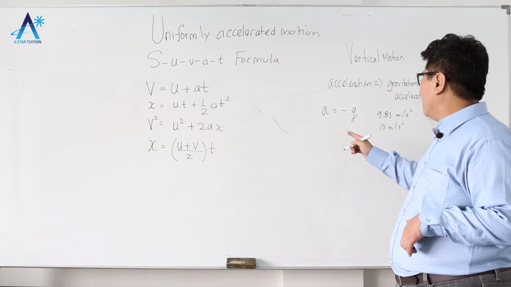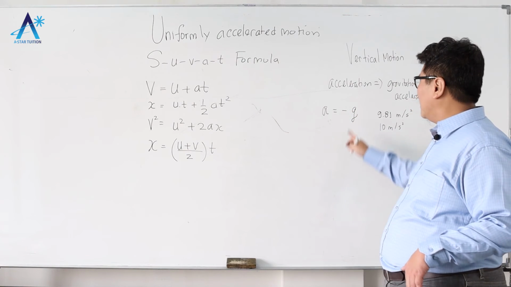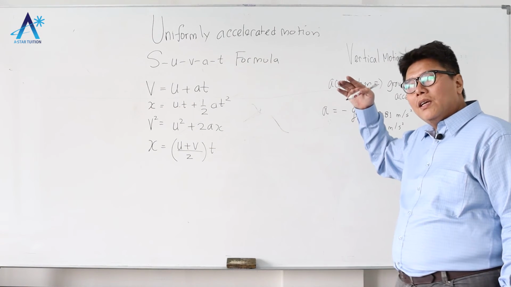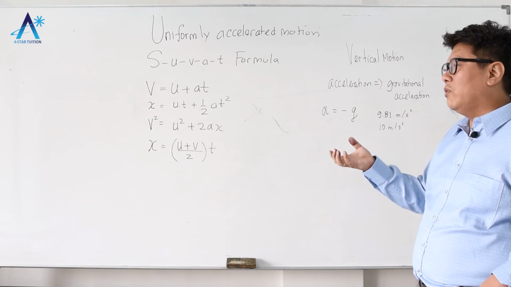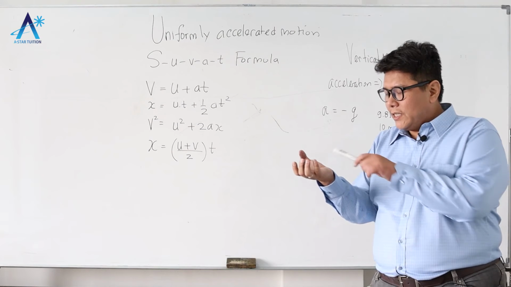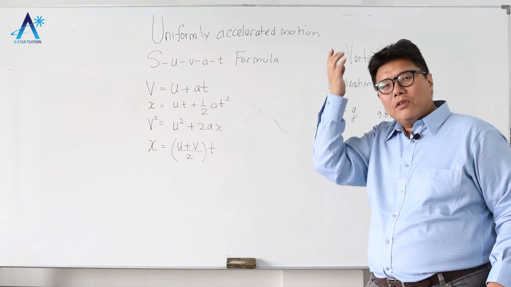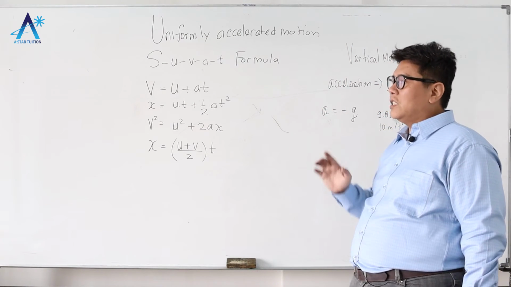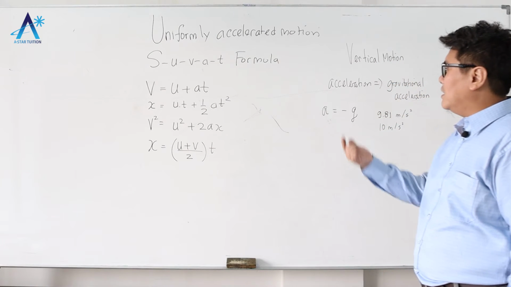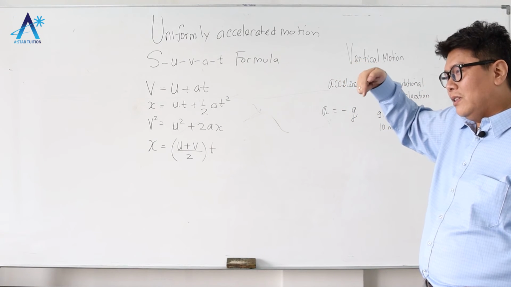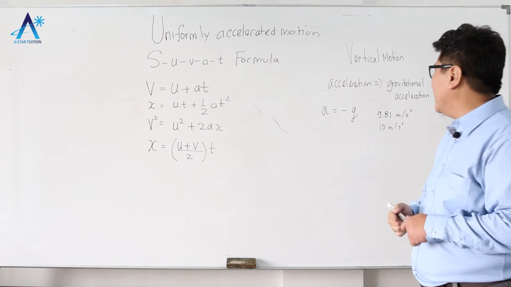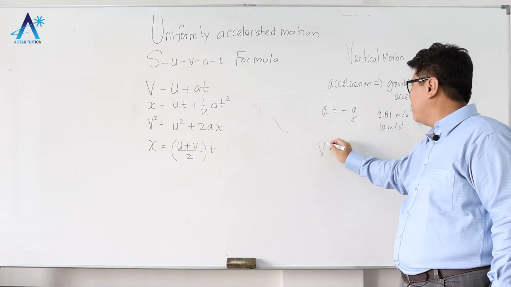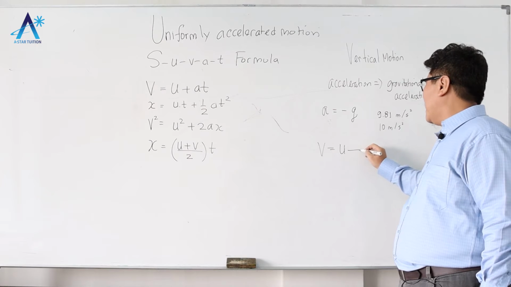Okay? Now the reason why I use a minus is that you can have a situation where, let's say, you have an apple and you throw it upward. So it has an initial velocity that is positive, but the acceleration is actually negative, which is always downward. So in this case we can write v equal to u minus gt.